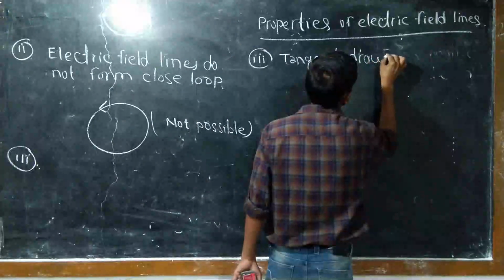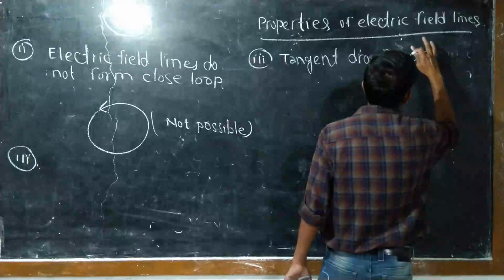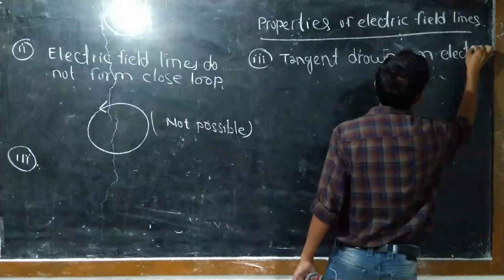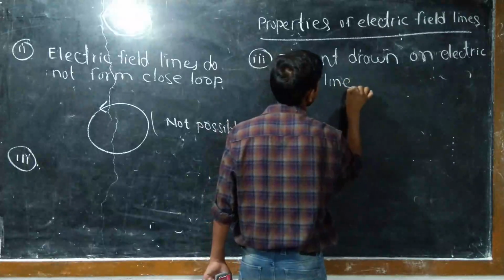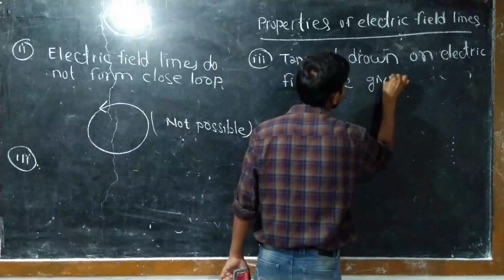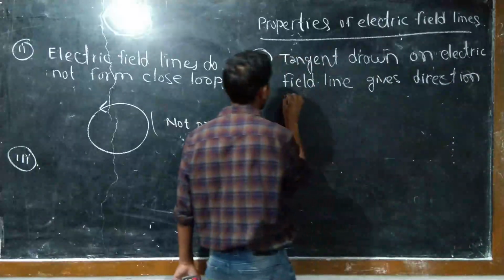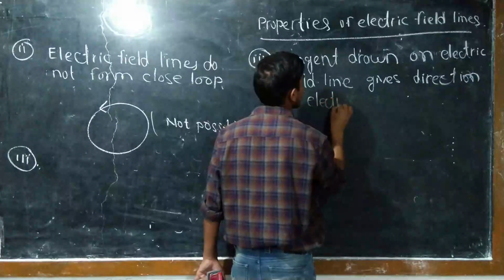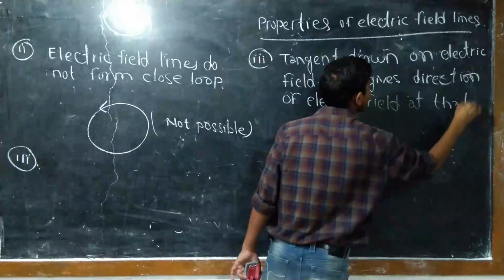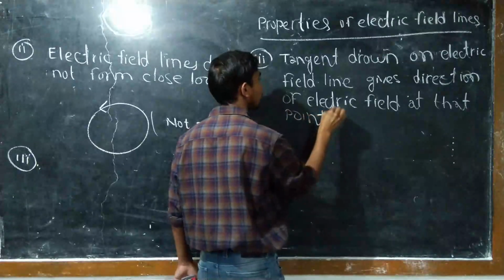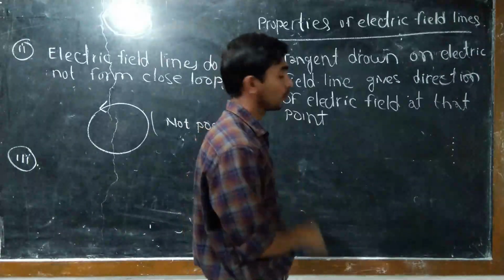Just see, the tangent drawn on an electric field line gives the direction of the electric field at that point.